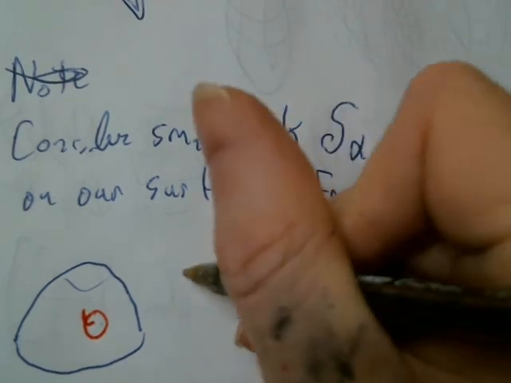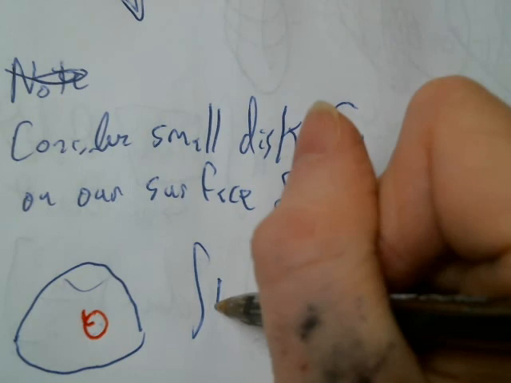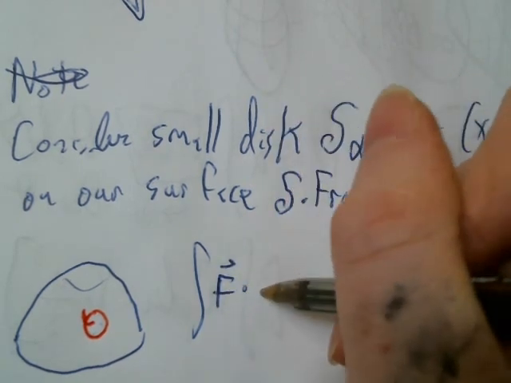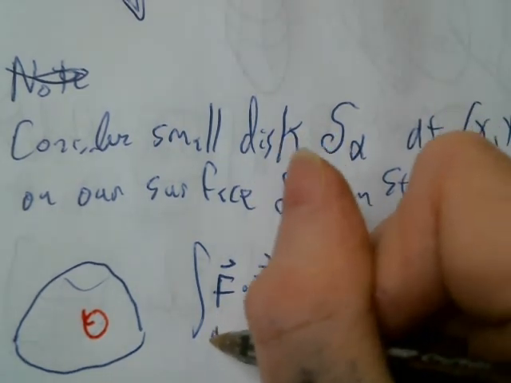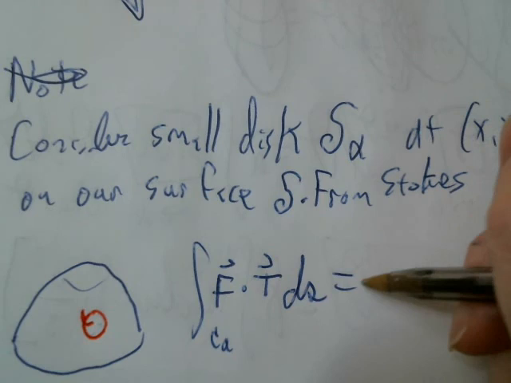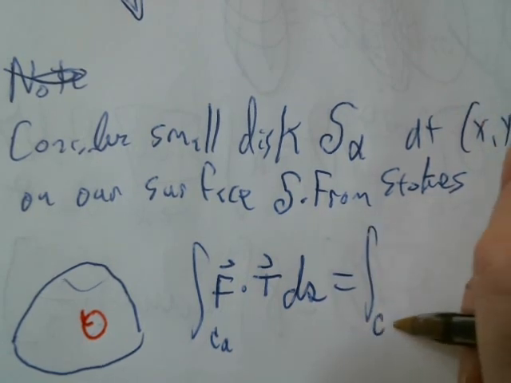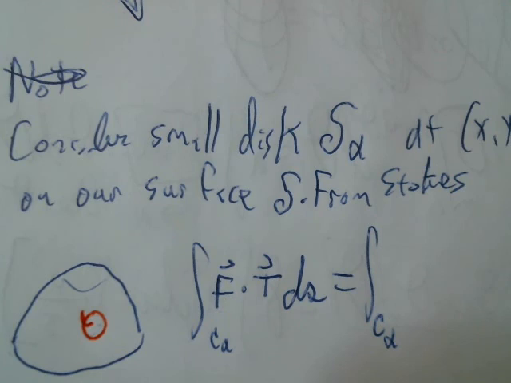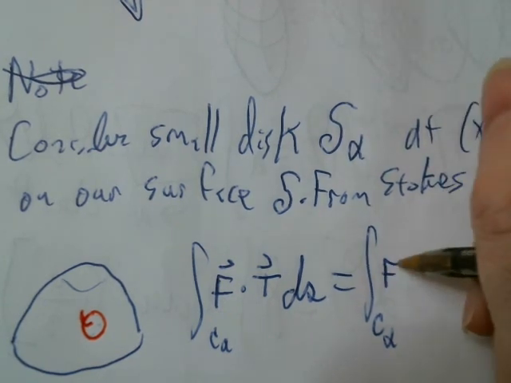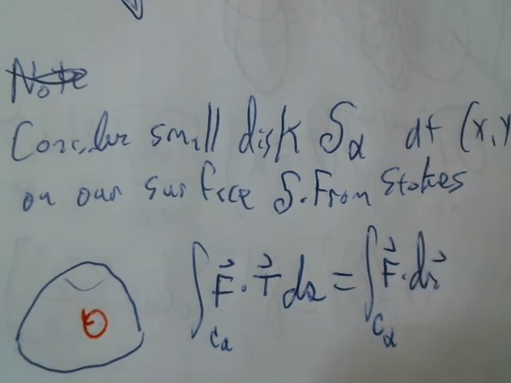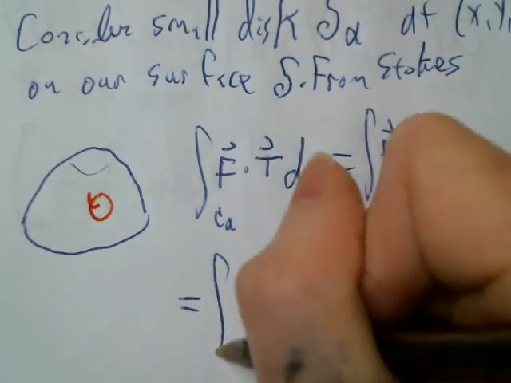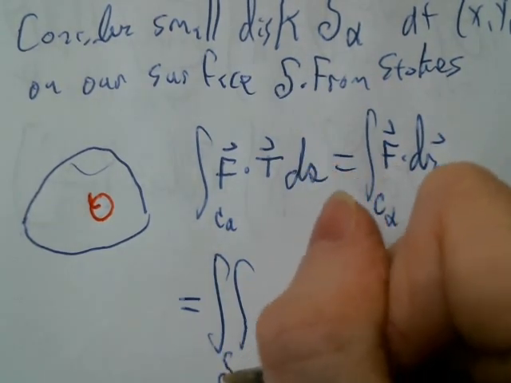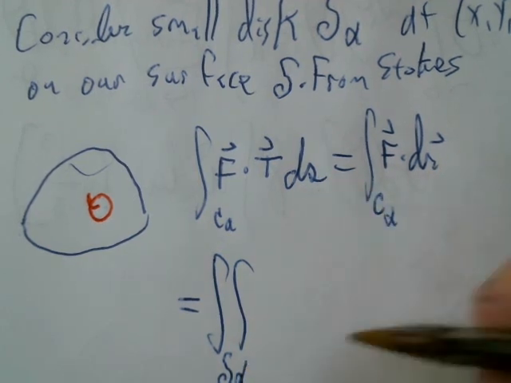Okay, so from Stokes, we can say that the line integral of this vector field, kind of dotted with the unit tangent vector, which is another way of writing our usual line integral over this vector field, from Stokes we could say that's equivalent to the double integral over this disk.